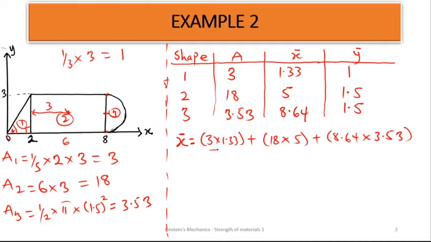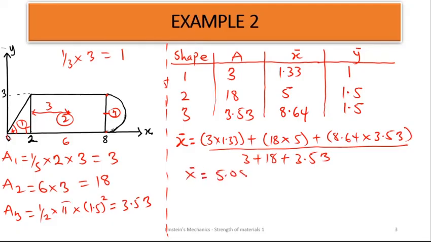Everything on the area. And with this, our X prime is going to be 5.08.